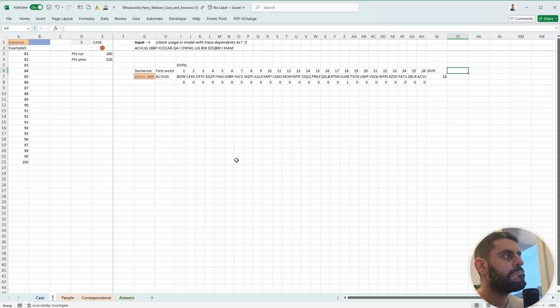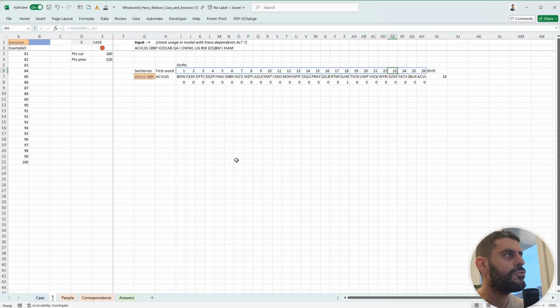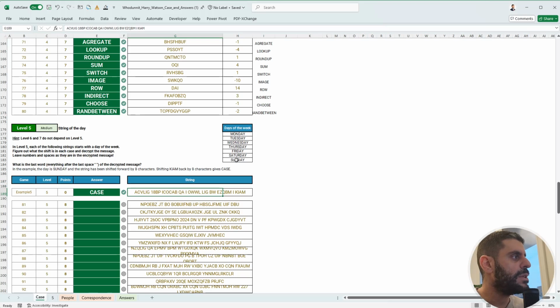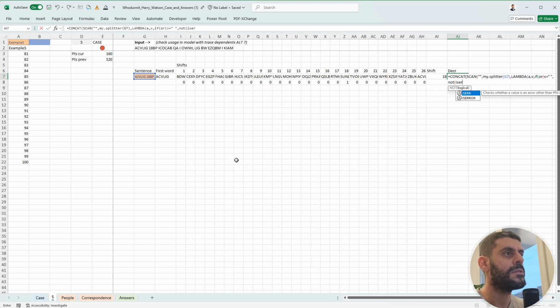And I think that's it, because you also said probably that numbers and spaces should not be encrypted, so the decryption will be a CONCAT of SCAN with nothing, splitter of this, then LAMBDA a v, IF OR v equals space or not ISERROR number value v, so v is a number.